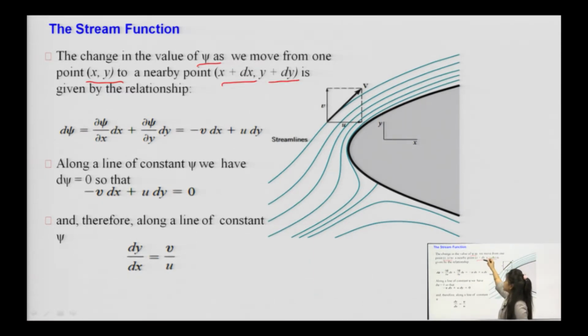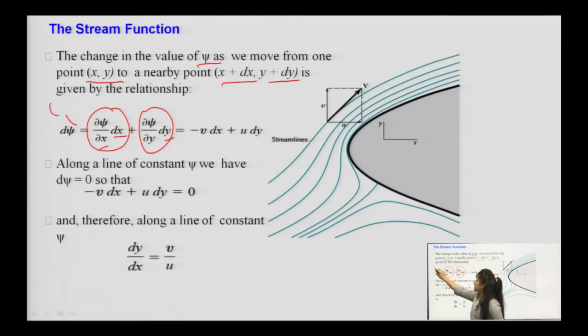So these points could be represented as a function of space and time, and there you can see del psi can be written as change in psi in the x direction with respect to the distance covered dx, plus change in psi in the y direction after covering a distance of dy, and hence it is representing that psi is a function of x coordinate and y coordinate.